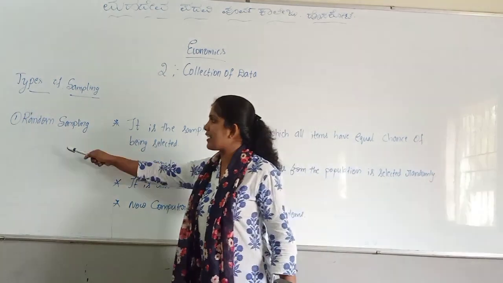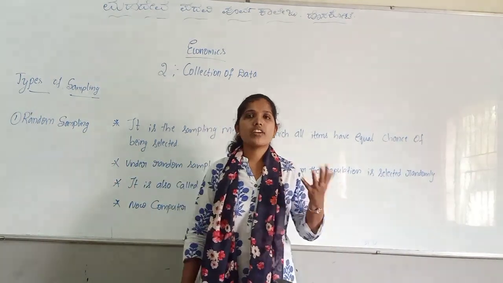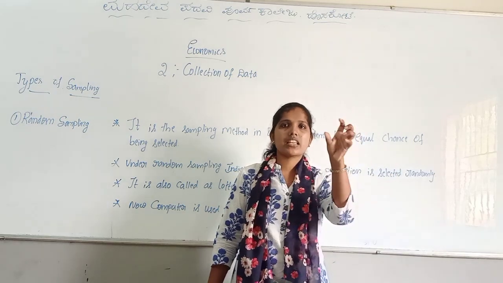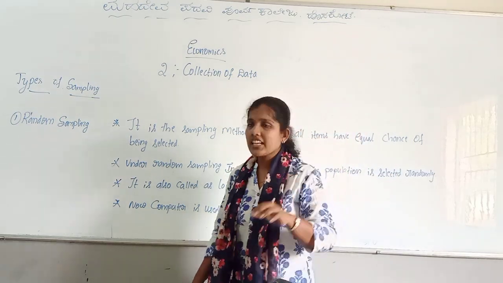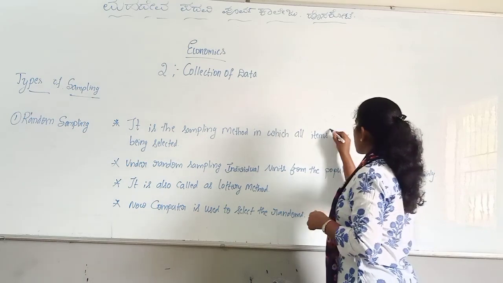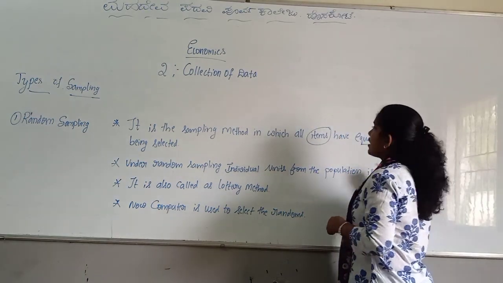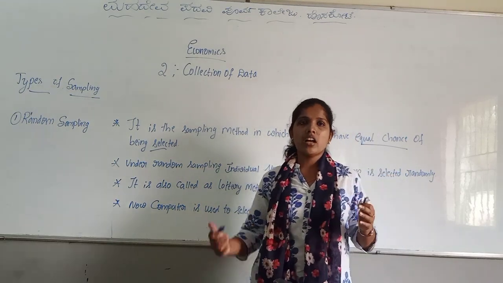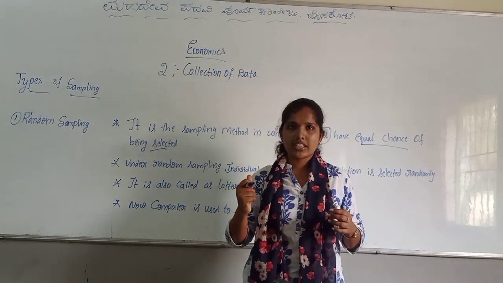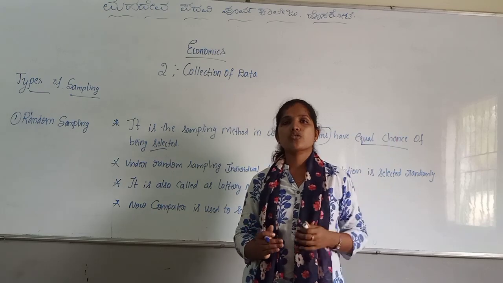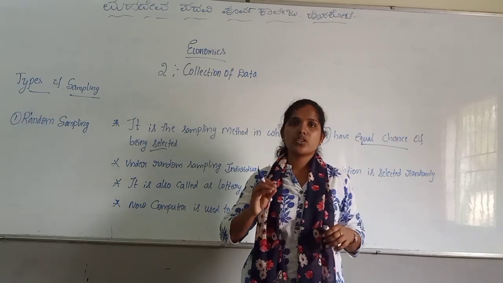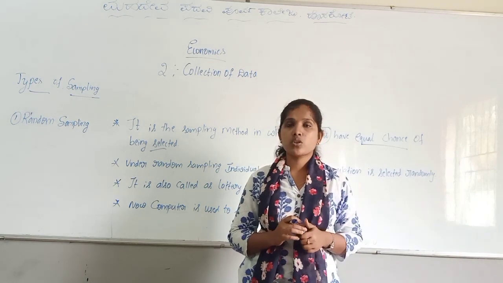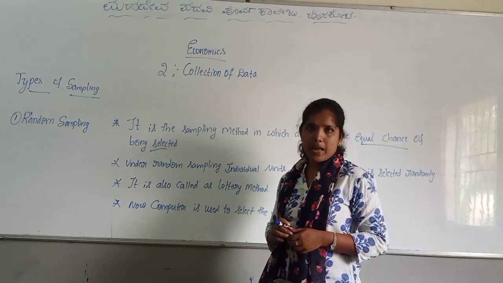In case of random sampling, according to the need and wish of the investigator, we select the sample, so each unit or item will get an equal chance of being selected. If we select some units randomly for one study, next time we might select others. So each unit or item will get equal opportunity. That is known as random sampling.